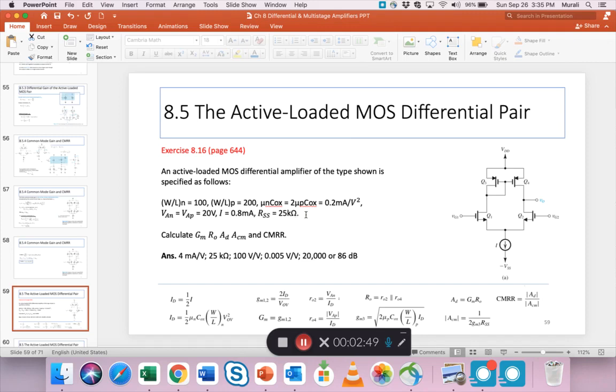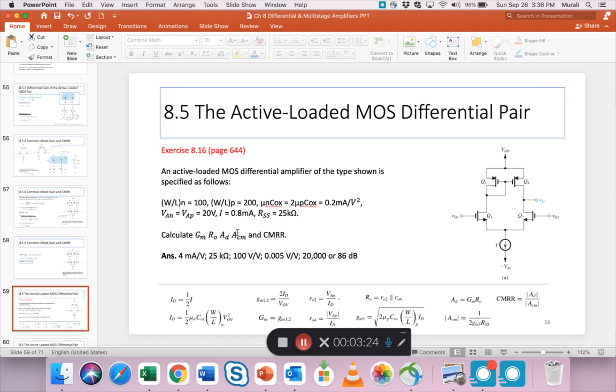So given all this information, we are asked to find Gm, which is the overall short circuit transconductance, as it's called. Then we have to find Ro, the output resistance as seen from the output terminal, shown here as Vo. Then A_d, that means if the input is applied differentially, the gain for that.